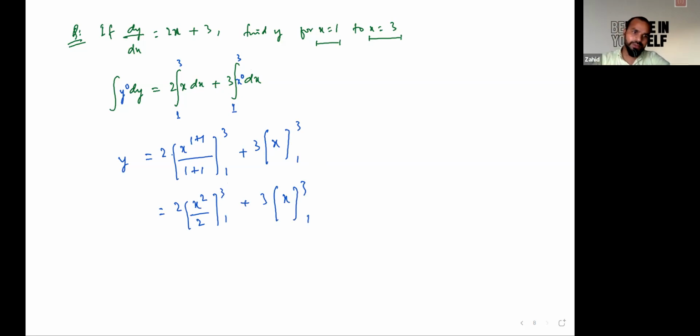Now put their values. 2 and 2 get cancelled out. First, x raised to the power 2 and the upper limit is 3, so bring this 3 to this position. So it will be the value of x squared. And similarly, the lower limit is 1, so 1 square, and there is a different sign in between them.